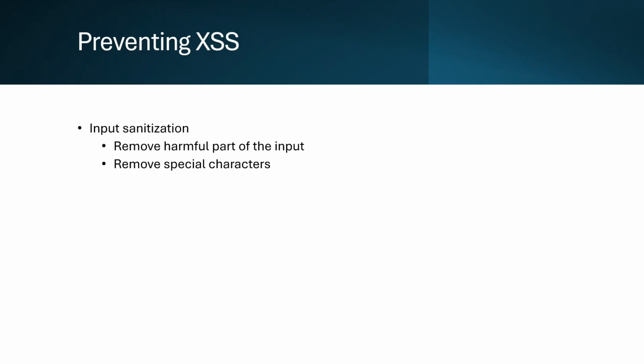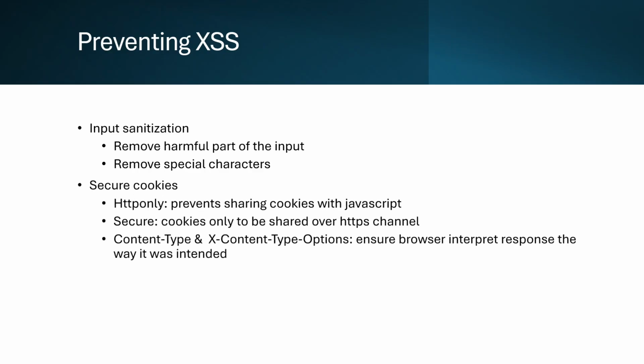Input sanitization, on the other hand, is about cleaning the input by removing or escaping potentially dangerous content. In sanitization, we modify the input, for example by removing harmful scripts or special characters, to make it safe before using or displaying it.